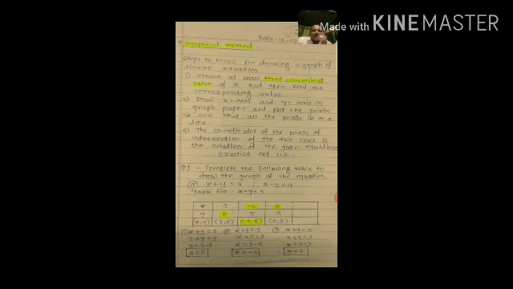In this way, the second value, y is equal to 5, is put in the given equation, x plus y is equal to 3. Then x plus 5 is equal to 3, so x is equal to 3 minus 5, which is x is equal to minus 2.